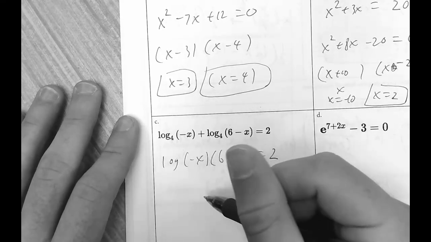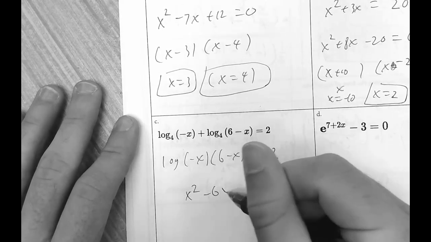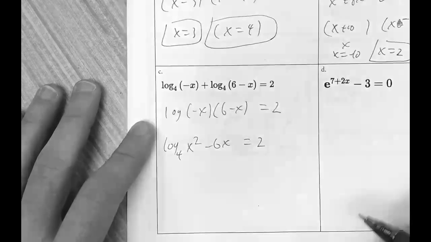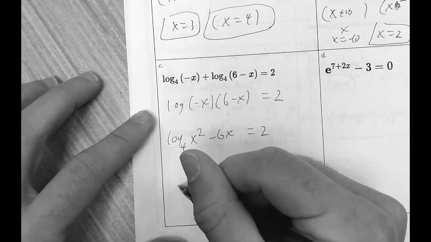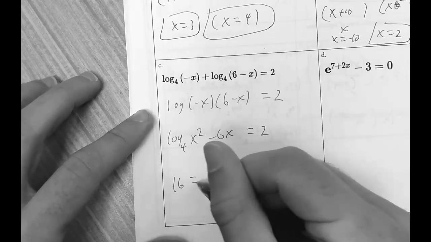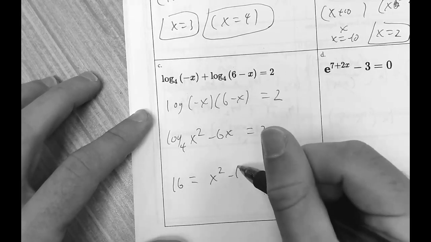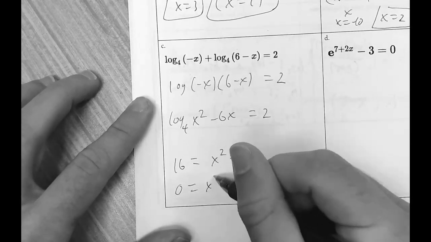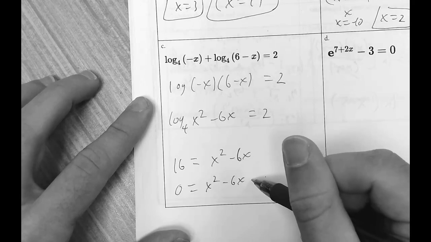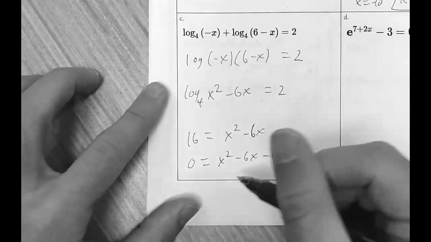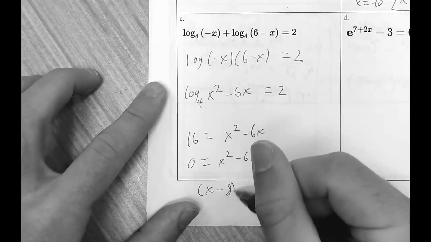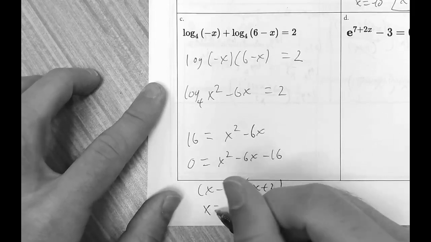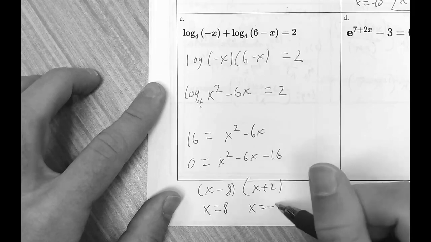So we're going to get log base 4 of x squared minus 6x equals 2. Then we're going to rewrite it as an exponential. So we're going to say 4 squared, that's 16, equals x squared minus 6x. Therefore, 0 equals x squared minus 6x minus 16. Factors are going to be x minus 8 and x plus 2. So solutions would be x equals 8 and x equals negative 2.